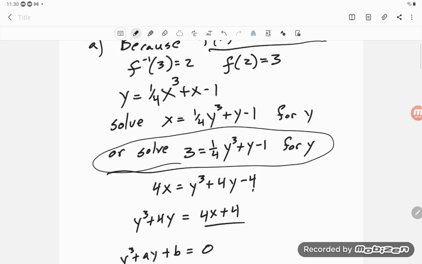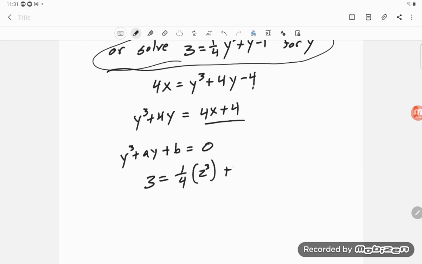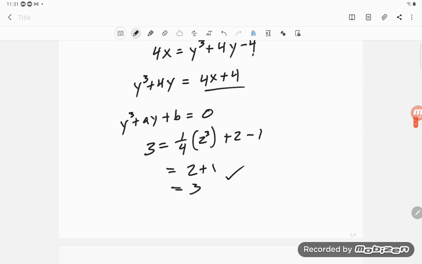Okay, and if we solve that, it appears we get 2, and we can check: is it the case that 3 equals 1/4 times 2 cubed plus 2 minus 1? Well, this is 8 over 4, so I get a 2, and plus 2 minus 1, so I'll get a plus 1, and that is indeed 3, so that worked.